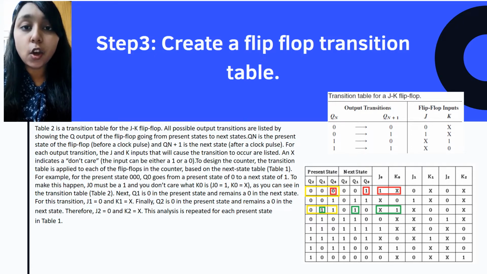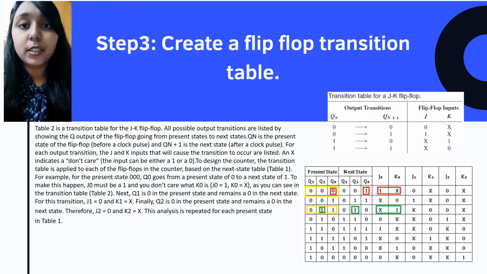Qn is the present state of the flip-flop and Qn+1 is the next state. For each output transition, the J and K inputs that will cause the transition to occur are listed, and X indicates a don't care.